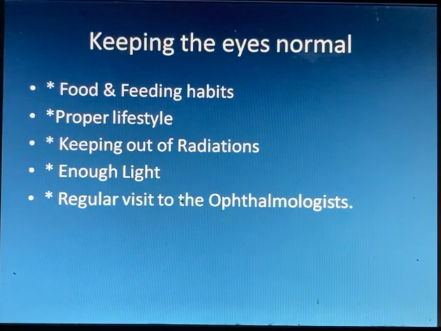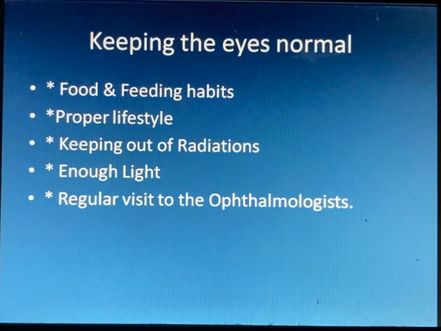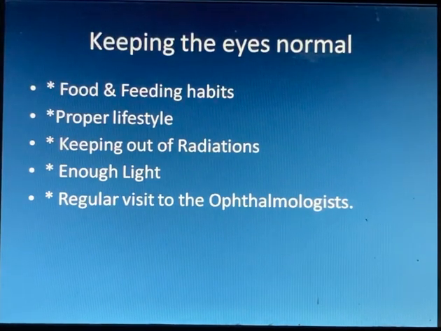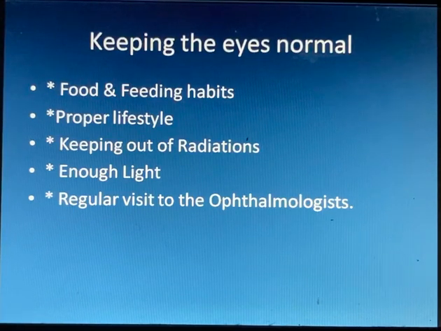Right, what are the feeding habits? Of course, we know that some food such as vitamin C, A, and zinc-enriched food could help keep your eyes normal, especially iodine and vitamin A. Due to lack of iodine, a person could be totally blind, but vitamin A could give you clear vision at night because it rears up a special kind of cells called cone cells in the retina, which are photosensitive cells.